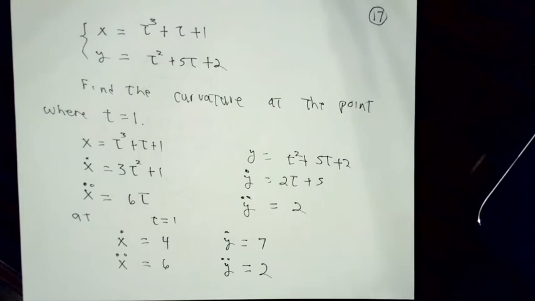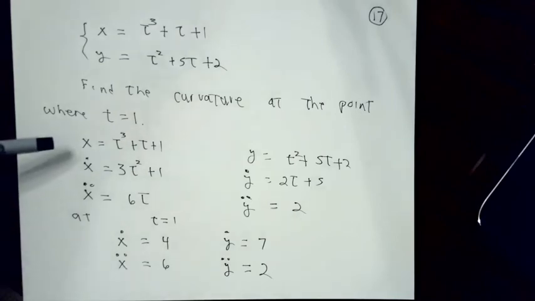For example, suppose that the x-coordinate were t cubed plus t plus 1, and y was t squared plus 5t plus 2. Let's say I want to find the curvature on this pathway at the place where t is equal to 1. I'm going to need to know first and second derivatives of both x and y.